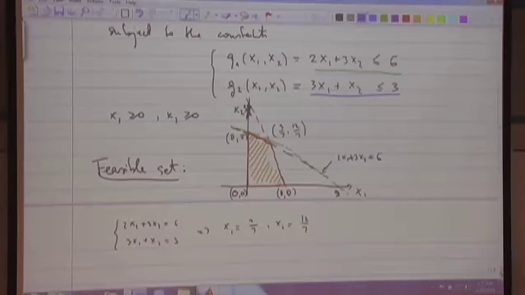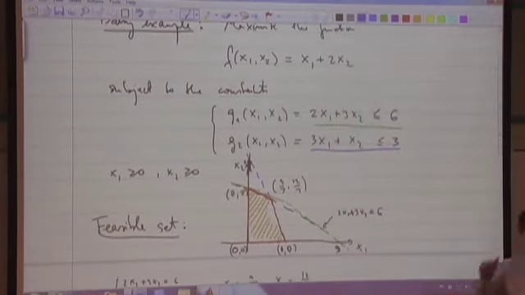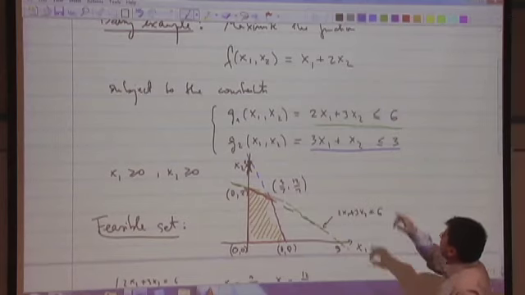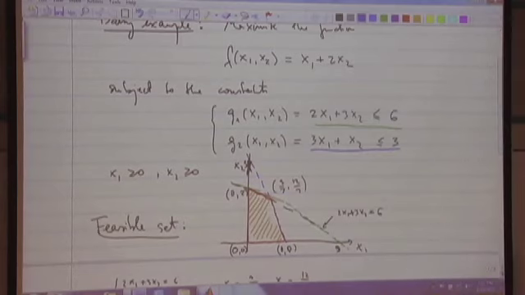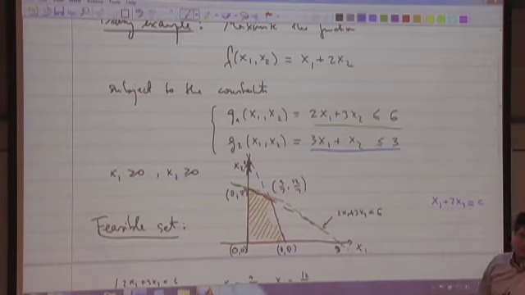So right now, how can we visually maximize this function? Or can we tell where the maximum is going to occur? Well, first of all, look at this objective function and think about where the points are where this function takes a certain value c.